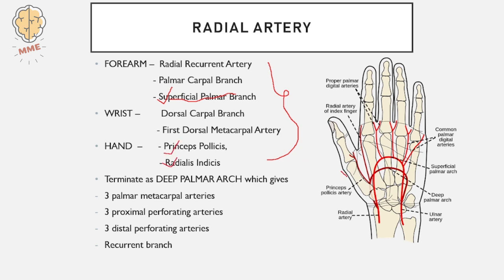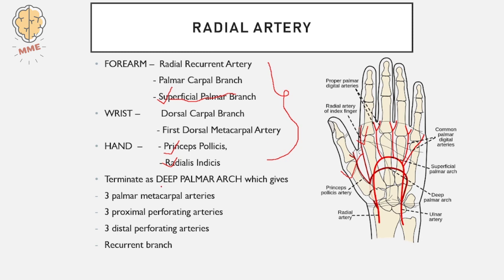So this is the princeps pollicis and this is the radialis indicis. The radialis indicis will supply the medial side of the index finger and the thumb is supplied by the princeps pollicis artery. So these supply the deeper aspect, while the superficial palmar branch will supply our subcutaneous and the skin part mainly.